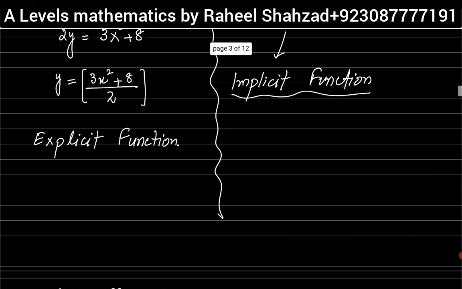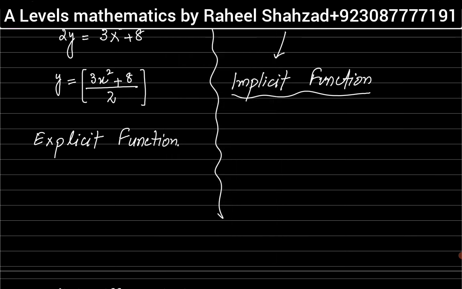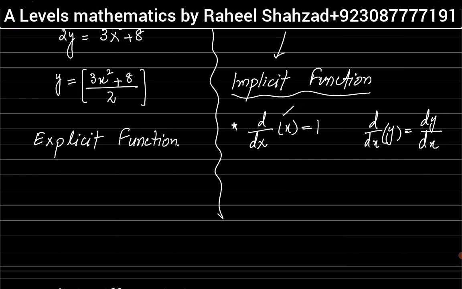Now, one more thing: we will be differentiating implicit functions, and there are two basic things you need to remember. We know that the derivative of x is 1, but the derivative of y is dy by dx. This is something you need to remember. The derivative of x with respect to x is 1, but the derivative of y will remain dy by dx.